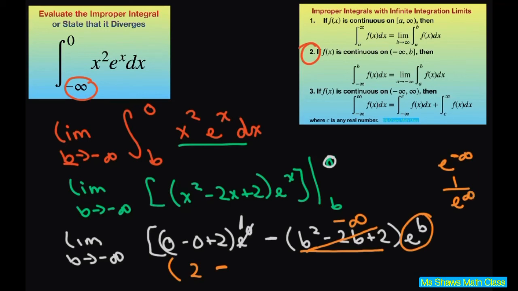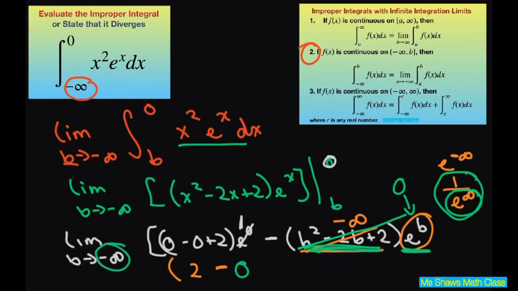So 1 divided by e to a large number is going to go to 0. So this part here is going to 0, and you're multiplying that by the infinity part. So basically we have minus 0. So we really didn't need to look at this part. We just need to look at that. Be careful with this negative infinity and write this correctly. And then our limit is going to equal 2.